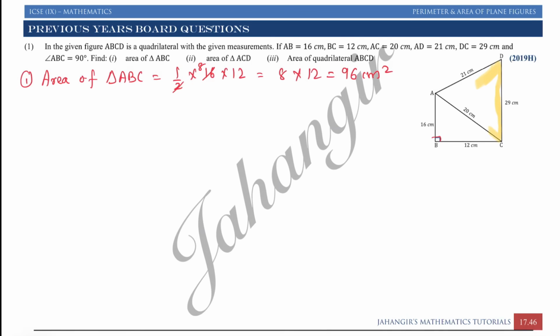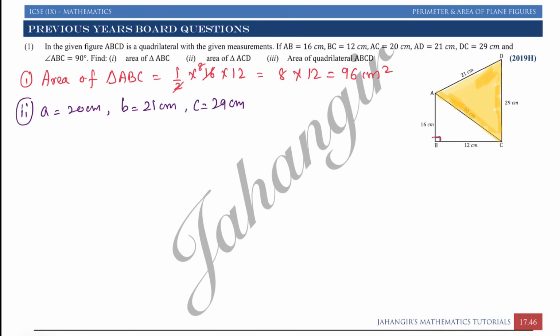Next question may be how to find the area of triangle ACD. We can use Heron's formula. In this, I can take one of the side as 20 centimeter, another side as 21 centimeter, and third side as 29 centimeter.